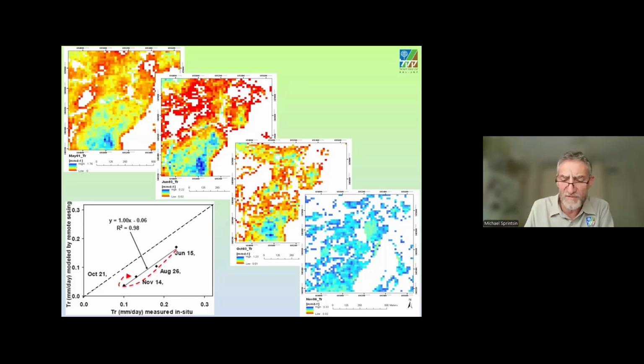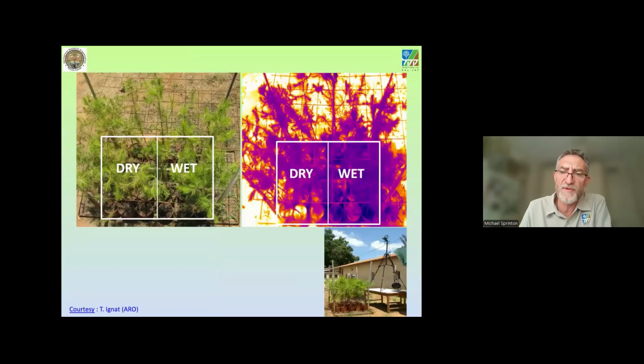Now that was the first part. The second step to initiate this program was to initiate the research, of course, and this is what we did with the same objective: to detect forest stress or plant stress just before it could be visible.